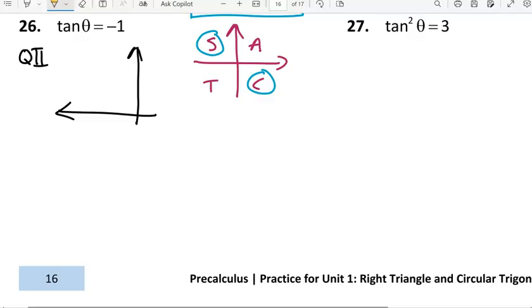And in quadrant 2, our terminal side is such that tangent is -1. We can make that into a fraction, -1 over 1. That's the ratio of opposite to adjacent. So our opposite side could be -1 and our adjacent could be 1.